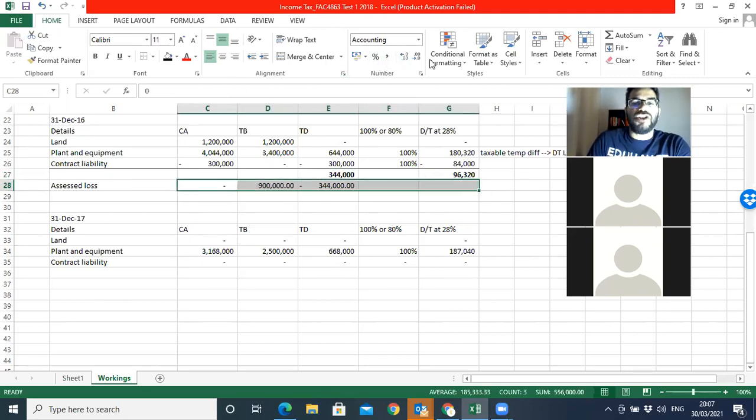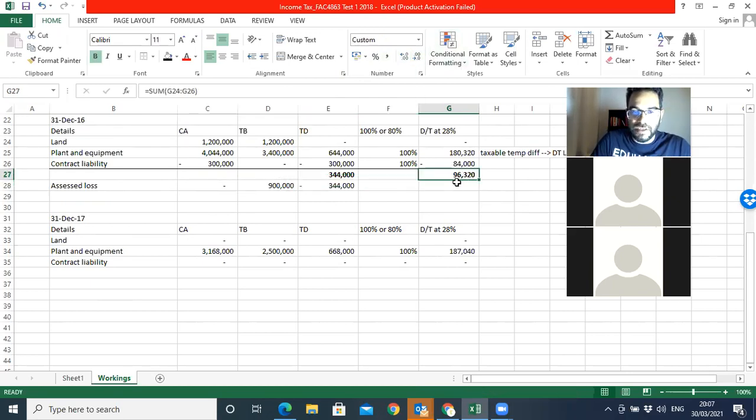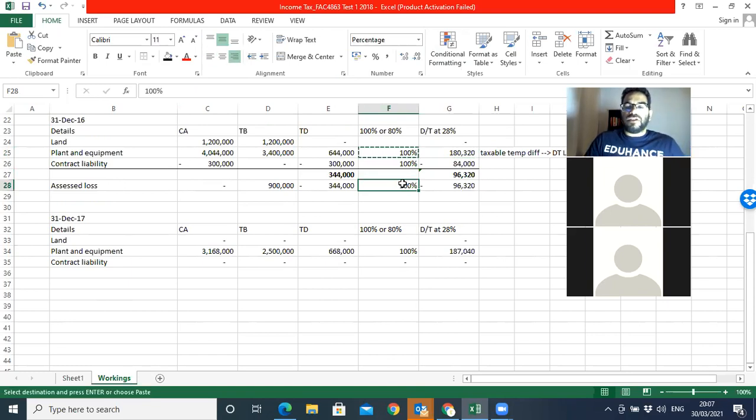But let's understand the rationale for an assessed loss. I'm going to explain it now. Okay, so I just want to explain. A deferred tax asset is an asset. An asset can only be recognized on the statement of financial position if it meets the recognition criteria.